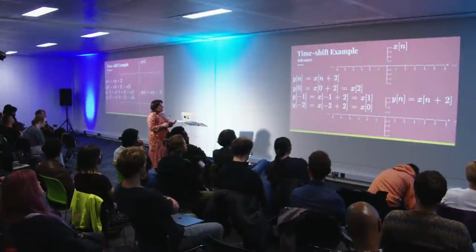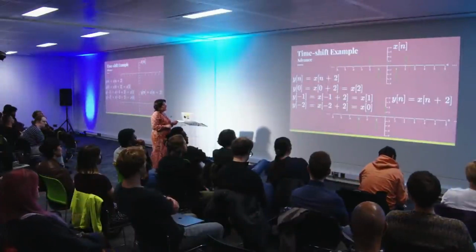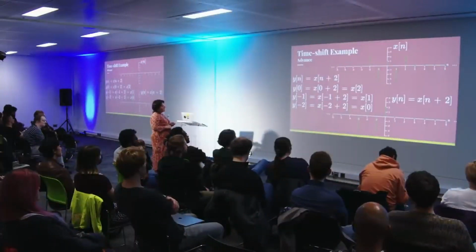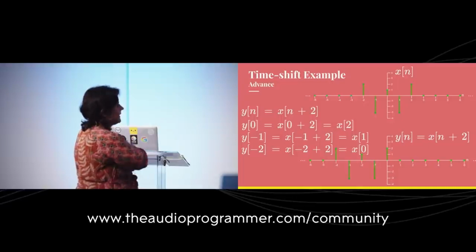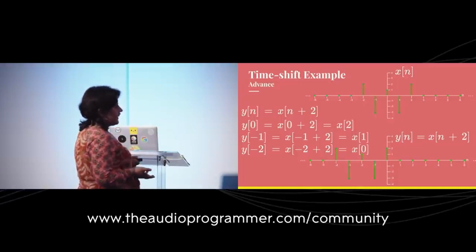So this is an example of advancing a signal. We can see here that I've added a shift of +2, which means we're going to have a shift to the left. If you're experienced with this, you can do it just by visually seeing, okay, this used to be 1, now -1, now it's going to be -3.